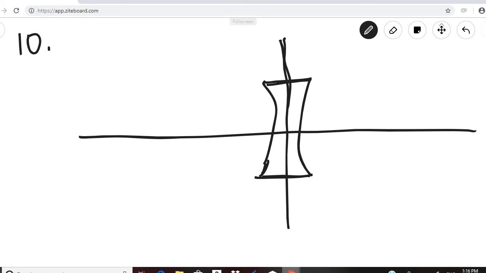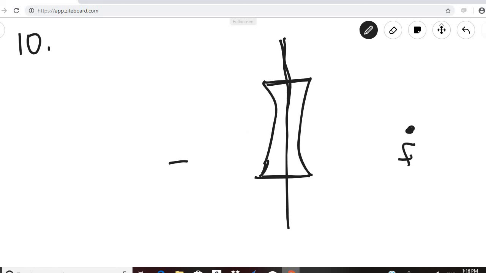Now we're told that the focal points are 8. Okay, so we'll put a focal point there. Try to make this one about the same distance. Focal point there. Bring that out just a tad.